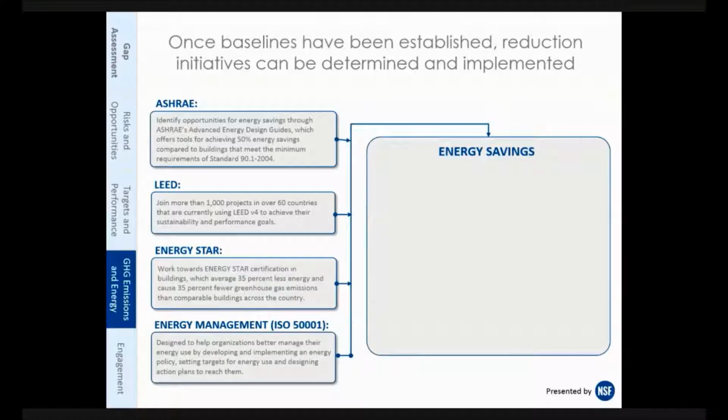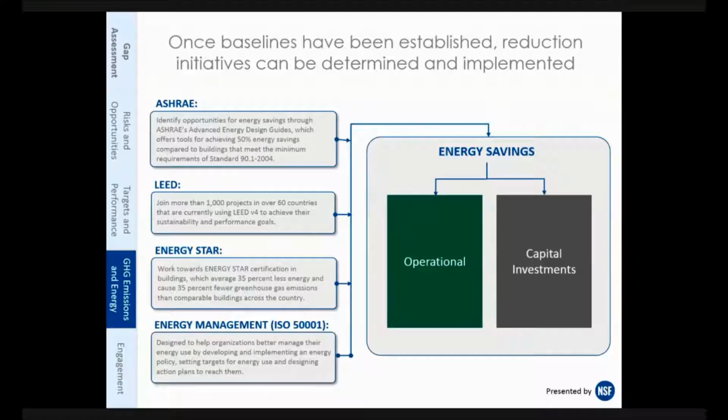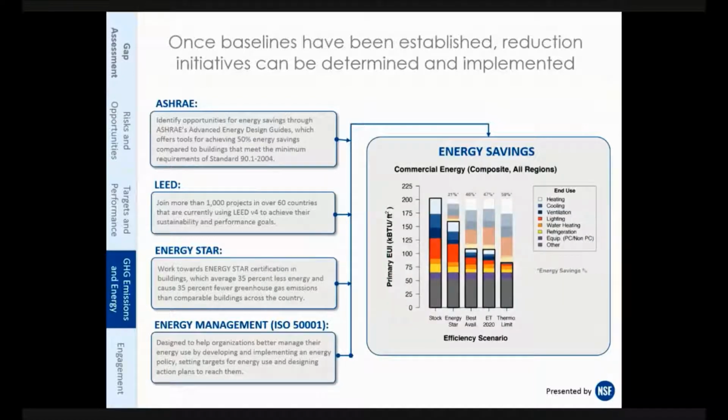You can do an energy management type of audit and system. But ultimately, energy savings really come from two different places. They come from capital investments, so purchasing something to make sure that your energy reduction is happening, but then also operational changes.